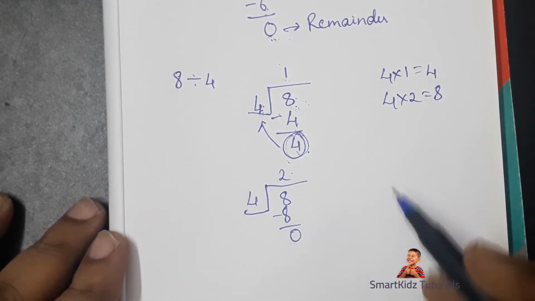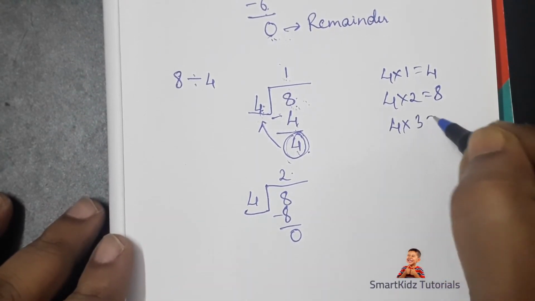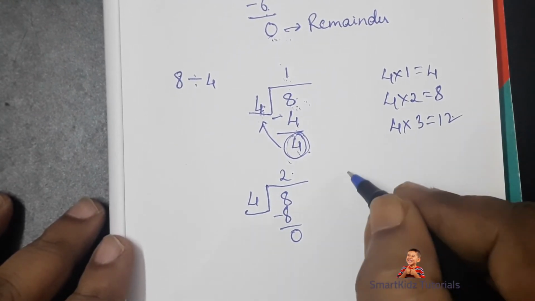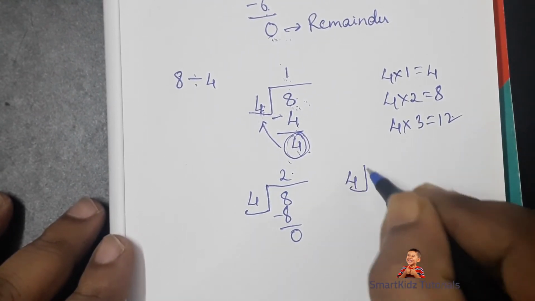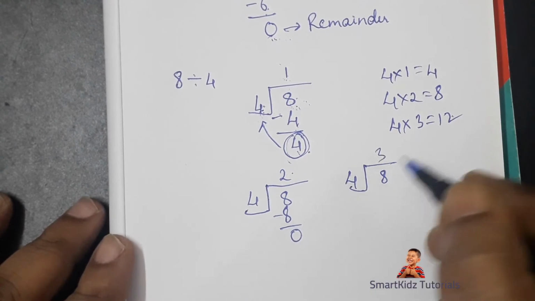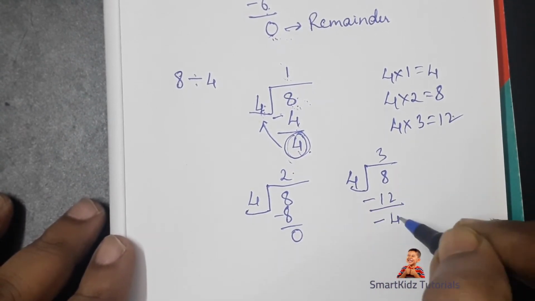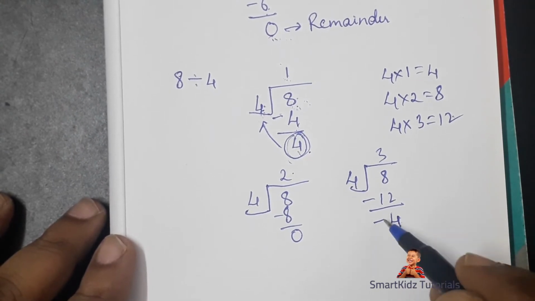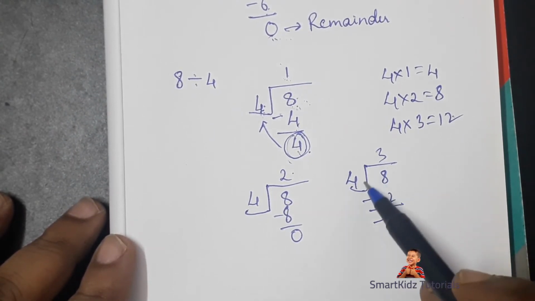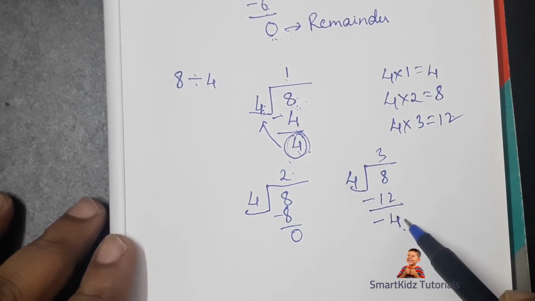But what if we had tried another number? Let's say 4 into 3. That gives us 12. Let's see what happens. 4 divided by 8, and we put 3 here, this would be 12. So 8 minus 12 would have given us minus 4. Now we don't consider negative numbers when it comes to basic division. We always need to get positive numbers.